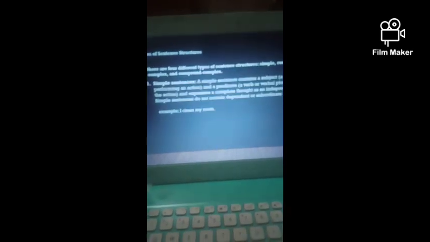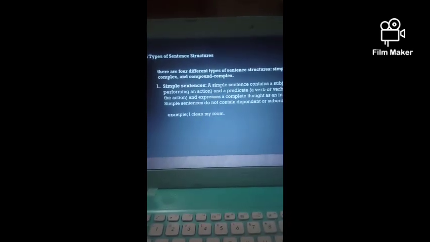Types of sentence structures. There are four different types of sentence structure: simple, compound, complex, and compound-complex. Simple sentence.